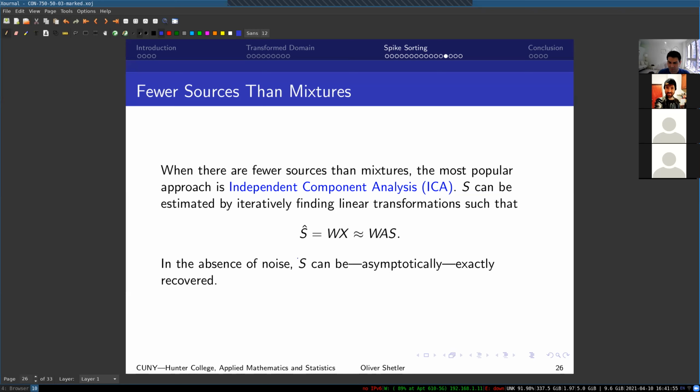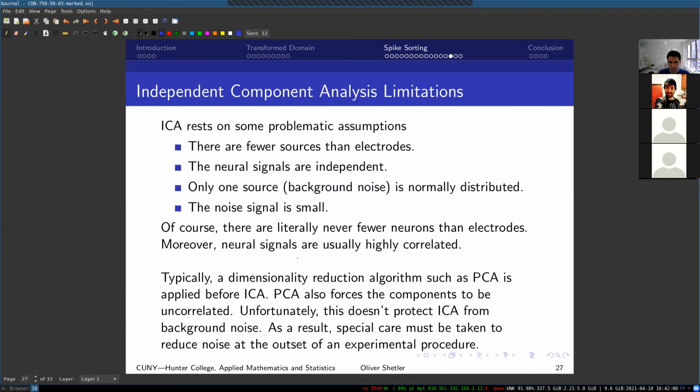Now, of course, this assumption is almost never actually true, right? There are almost never fewer sources than electrodes. In addition, it also assumes that the neural signals are independent, which is almost never true. And it assumes that only one source, the background noise, is normally distributed, and that the noise signal is fairly small.